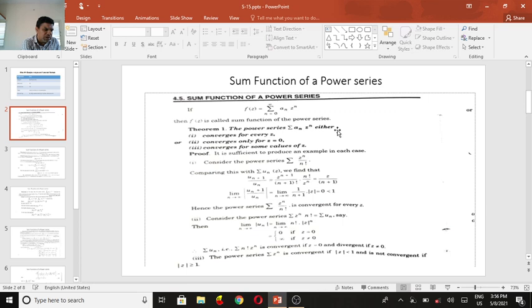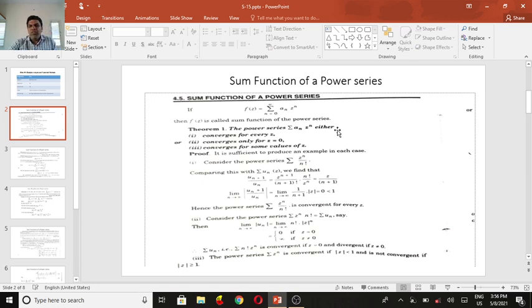We can write n plus 1 factorial as n plus 1 into n factorial. Here n factorial cancels, leaving n plus 1. Again, z power n plus 1 we can write as z power n into z, divided by z power n. Again z power n cancels, and we simply get z divided by n plus 1.